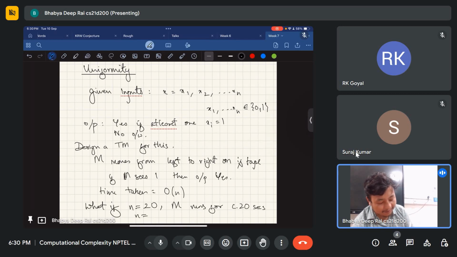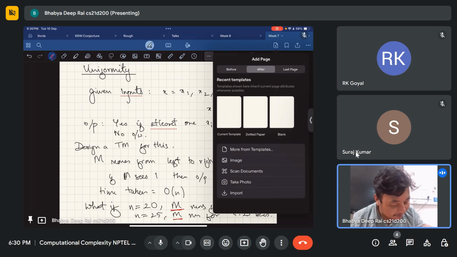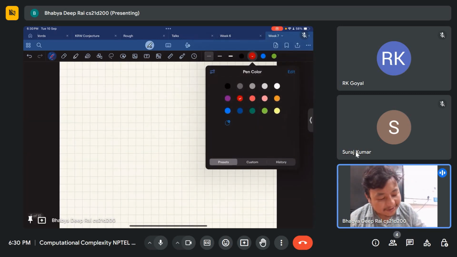And if n is equal to 25, then M runs for c times 25 seconds, and so on. But the key thing to notice is that M adjusts the process according to what the input length is. I'm not going to say anything further than this. I'm going to move on, and you'll understand what I'm now trying to say.